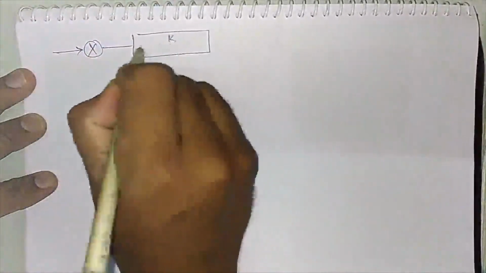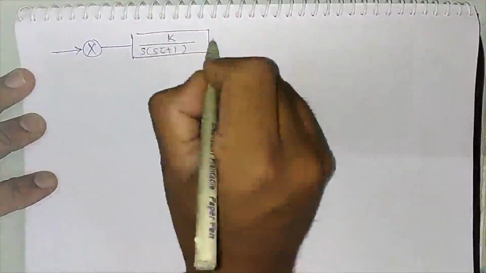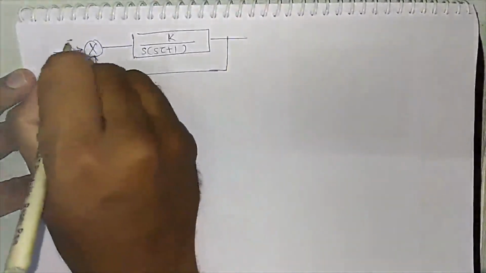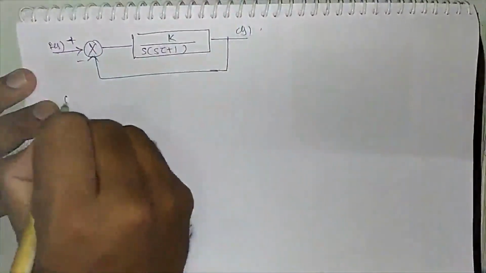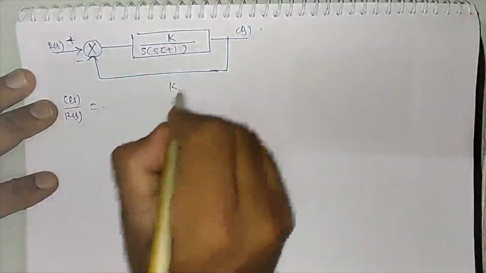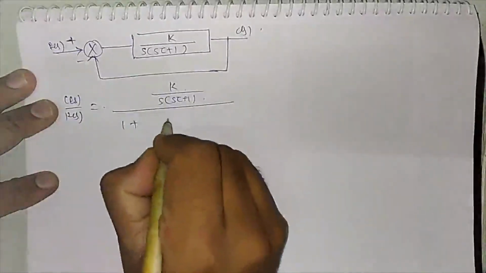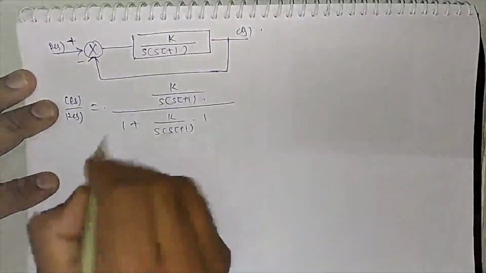we are having the system like this, K upon s into (s tau plus 1), just for your analysis only, with R(s) and C(s). Okay, so if I find C(s) upon R(s), C(s) upon R(s) is equal to G(s) upon 1 plus G(s) into H(s). So it will be K upon s(s tau plus 1) divided by 1 plus K upon s(s tau plus 1) into 1.